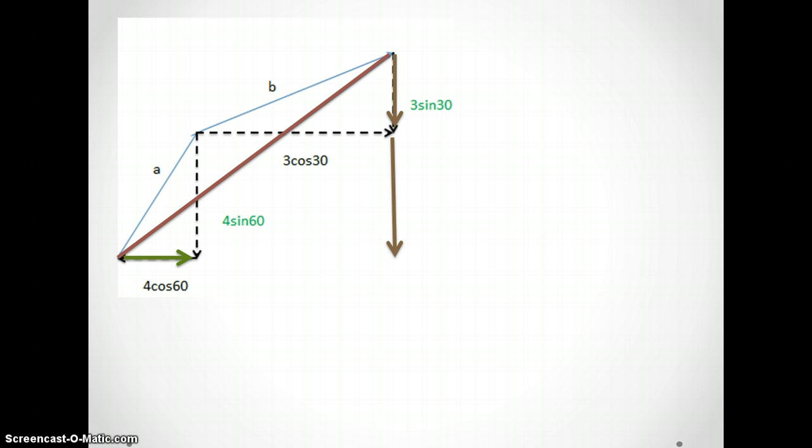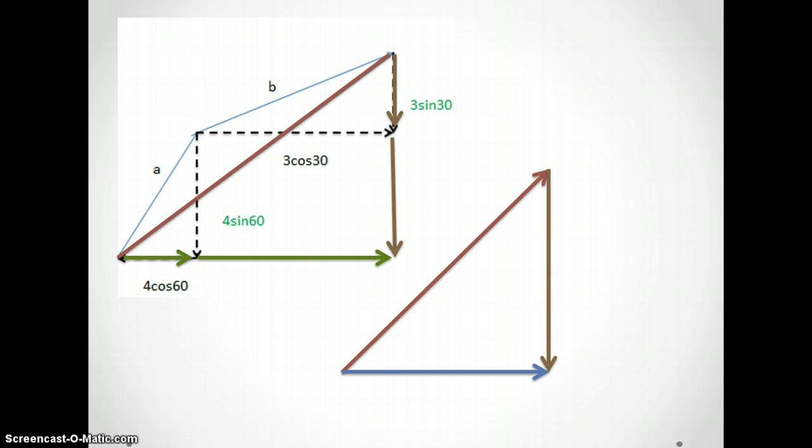The same goes for the horizontal. So if we take that triangle out, we're left with a nice 90-degree angle triangle.